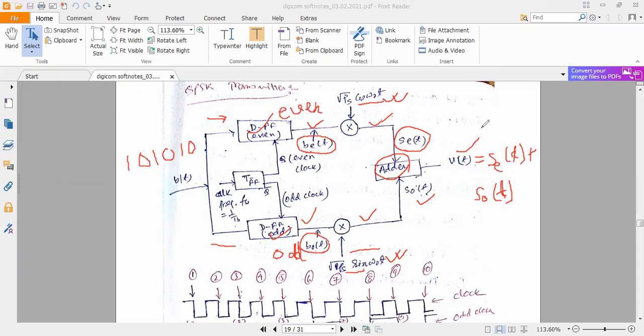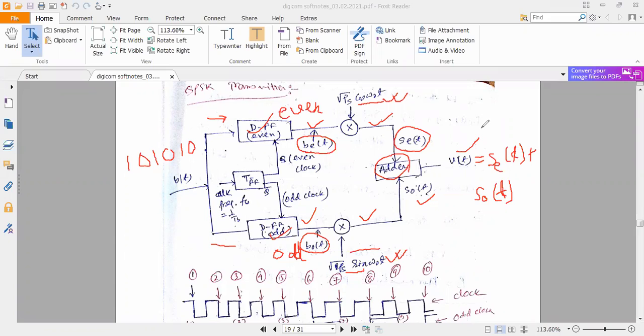Here we are using three flip-flops. One is your T flip-flop, that generates odd clocks and even clocks, and the other two are D flip-flops.